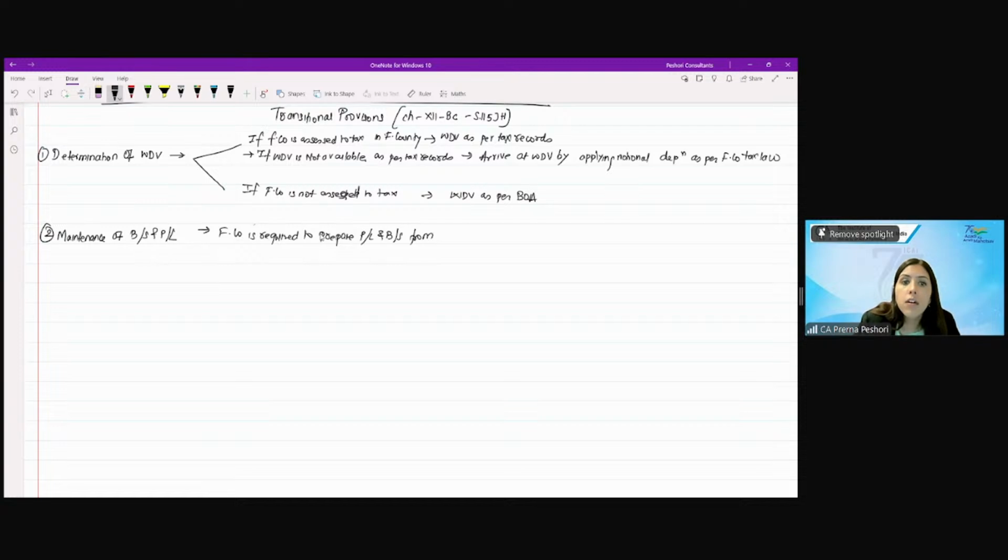from the period of accounting year start to 31st March. That shall be one period of the preceding previous year.